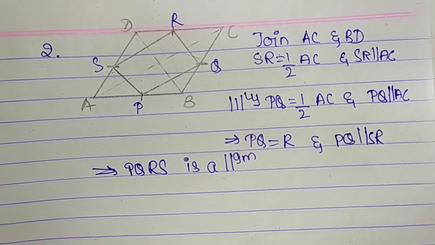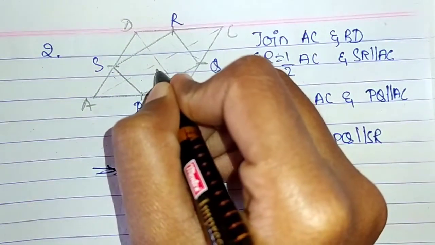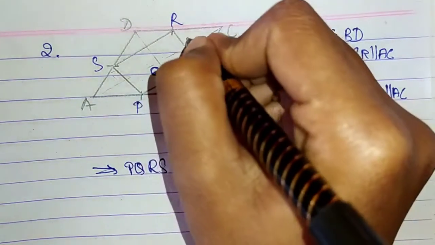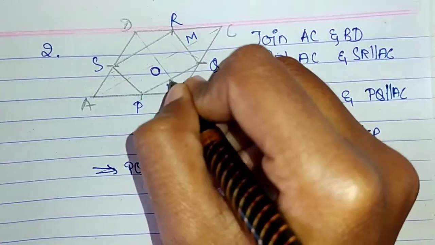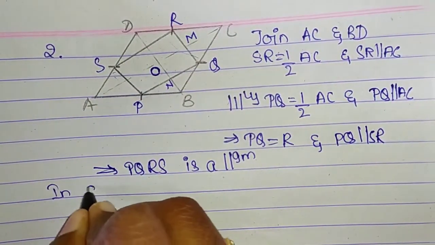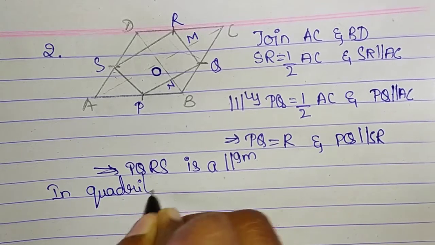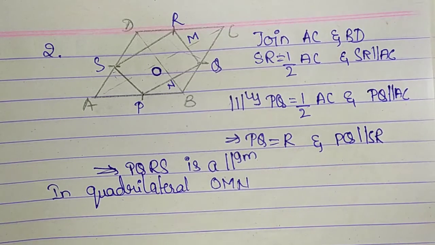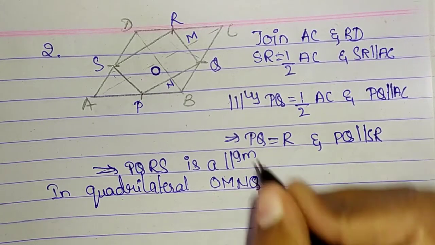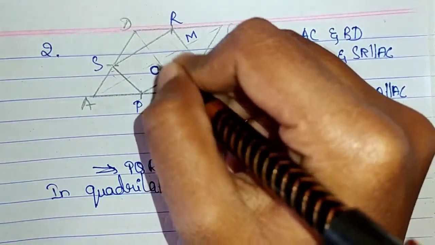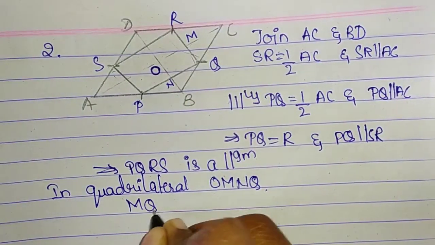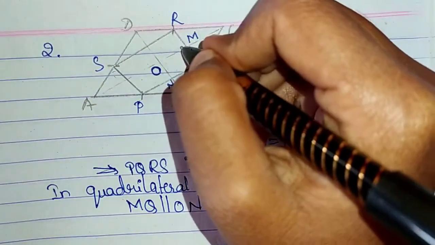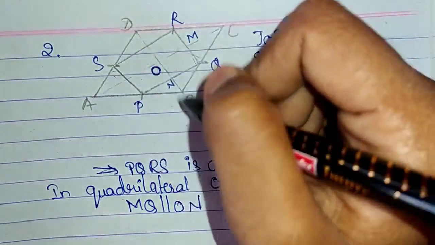To prove that one of the angles of this parallelogram is 90 degrees, name this point of intersection of diagonals as O, this point as M, and this as N. Now in quadrilateral OMQN, MQ is parallel to ON because R and Q are also the midpoints and RQ is parallel to DB.